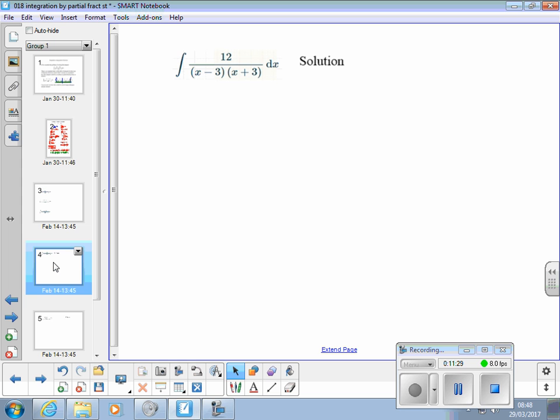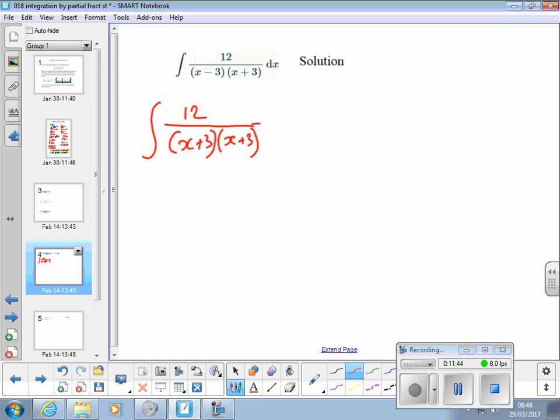Where do I start with integrating the function 12 over (x plus 3) times (x minus 3)? We did this last week.